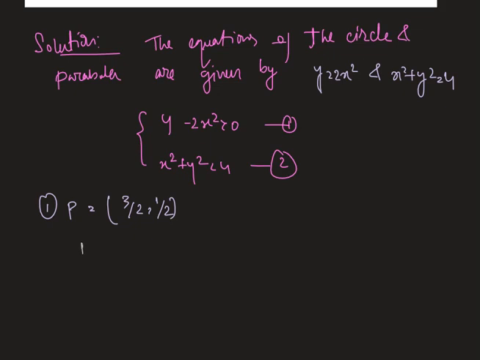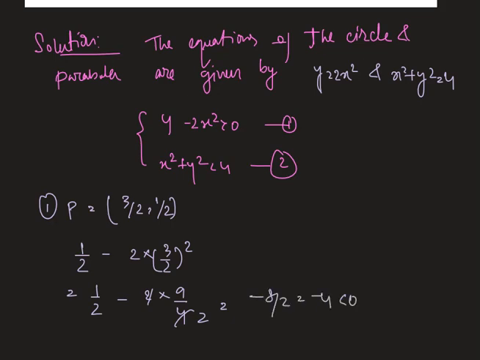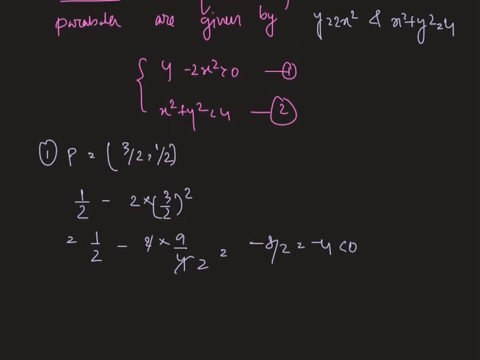Therefore we get 1/2 minus 2 into (3/2) whole squared. That means 1/2 minus 2 into 9/4, or we get minus 8/2, or minus 4. Therefore it is less than 0. So it doesn't satisfy the first equation.